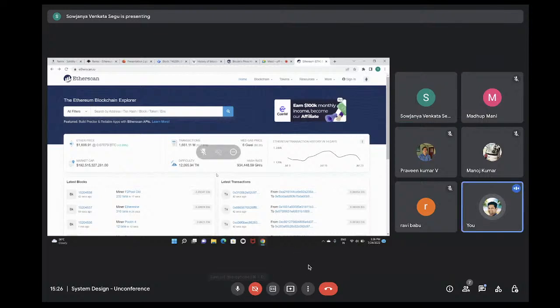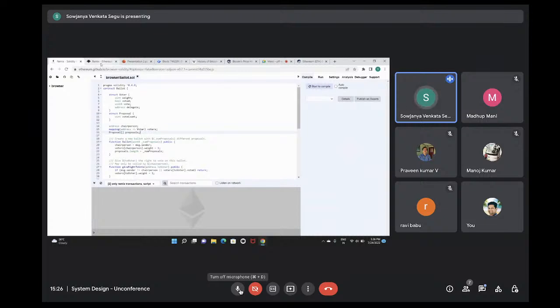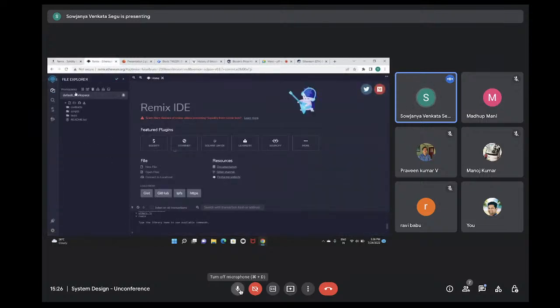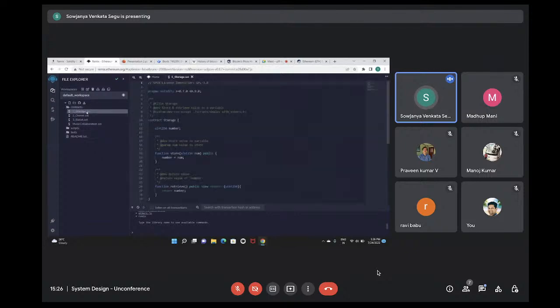Sure. And can you also explain what smart contracts are? Yeah, a smart contract is business logic. I'll show you in a very small example. This is the Remix IDE which I'm showing here. This is built by the Ethereum group to write smart contracts and deploy on the network.